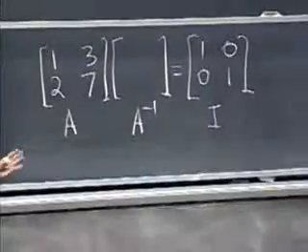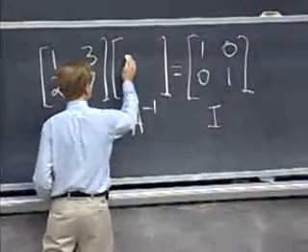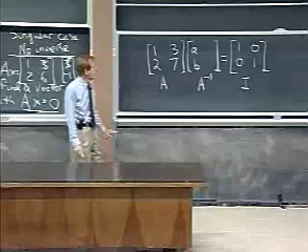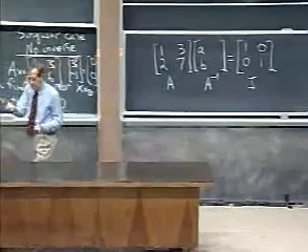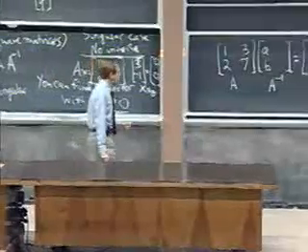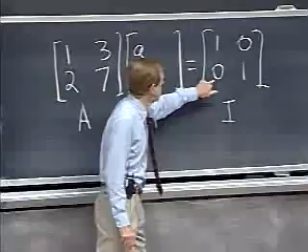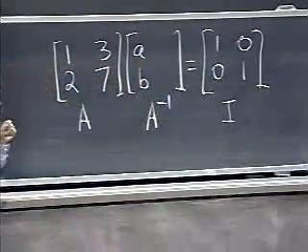I'm going to look at the first column. Let me take this first column, A, B. What equation does the first column satisfy? A times that column is 1, 0, the first column of the answer.